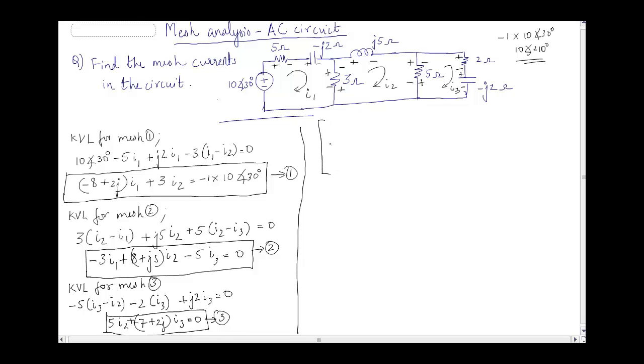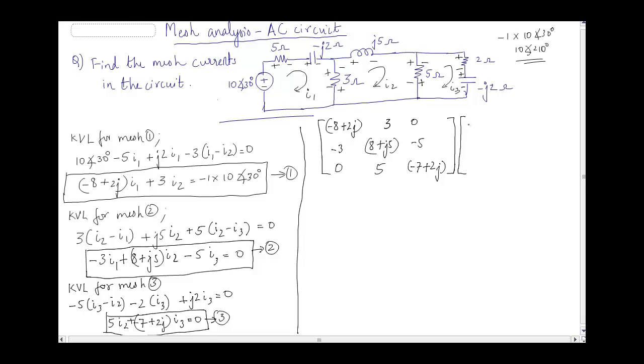matrix, so it is minus 8 plus 2j for I1, 3 for I2, 0 for I3. Similarly, for the second equation, it is going to be minus 3 for I1, 8 plus j5 for I2, and minus 5 for I3. Similarly, from the third equation, there is 0 for I1, 5 for I2, and minus 7 plus 2j for I3.